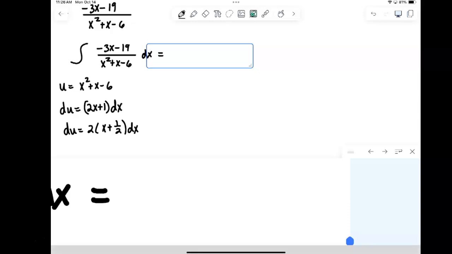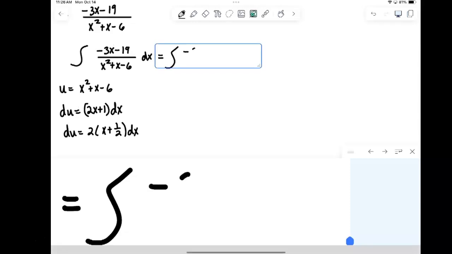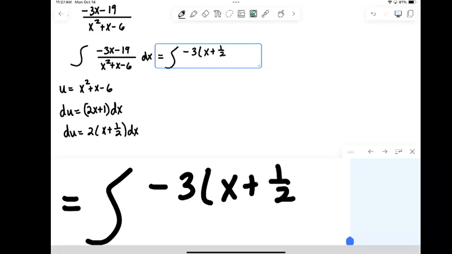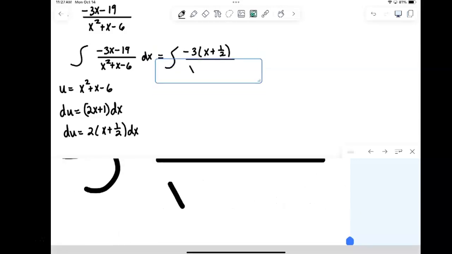By breaking this up into 2 separate integrals. So the top I'm going to make be minus 3 times x plus 1/2, and then the denominator x squared plus x minus 6.